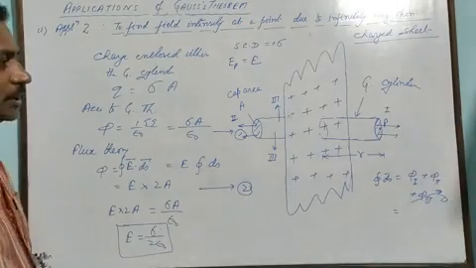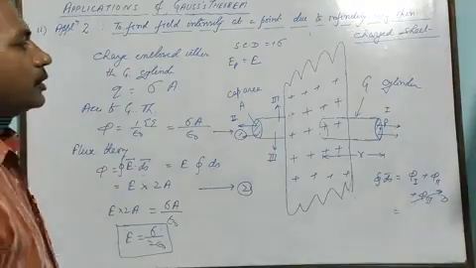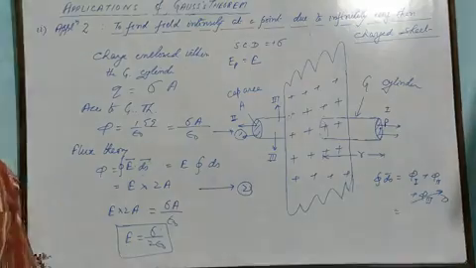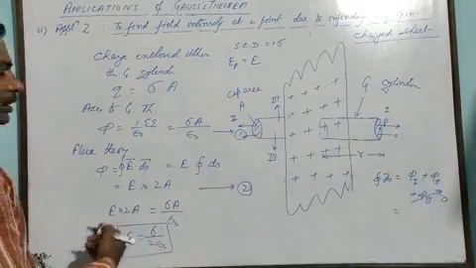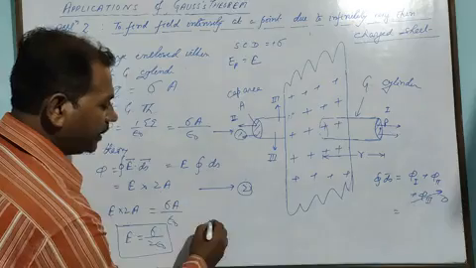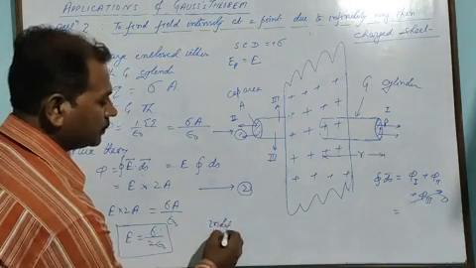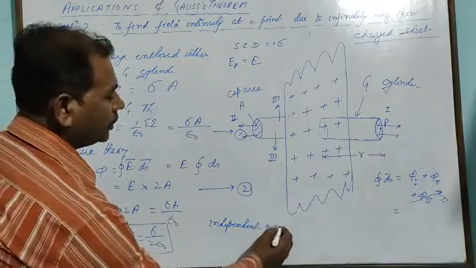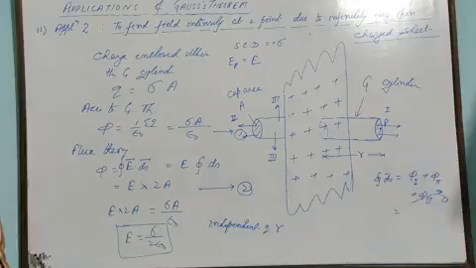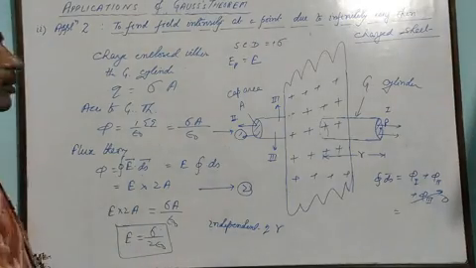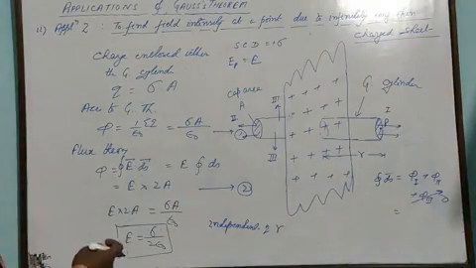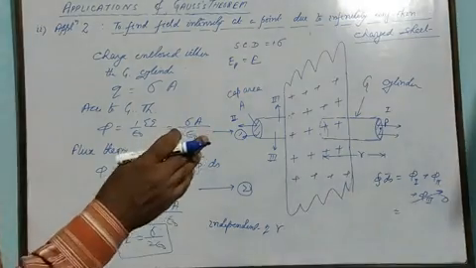You are observing here that the field intensity does not depend upon the distance of the point. That means it is independent of r. So you cannot plot a graph between E and r. If anybody asks you, you can write that it is independent, it is constant.